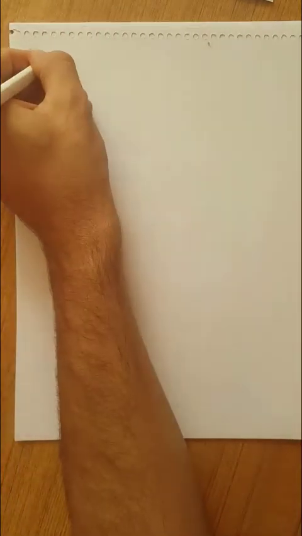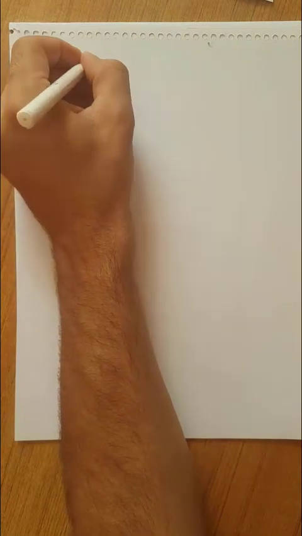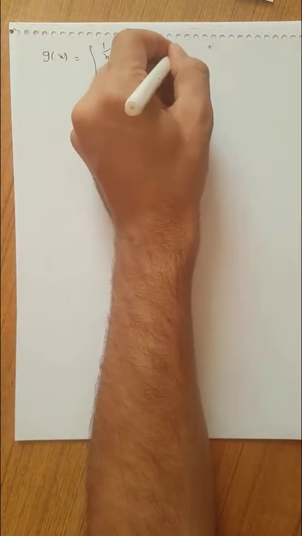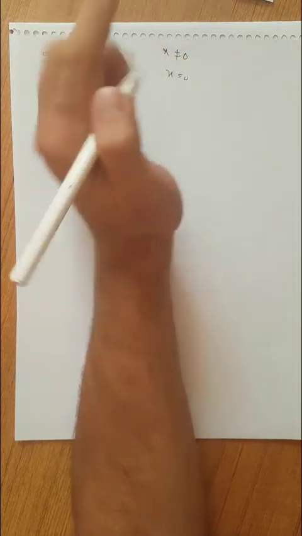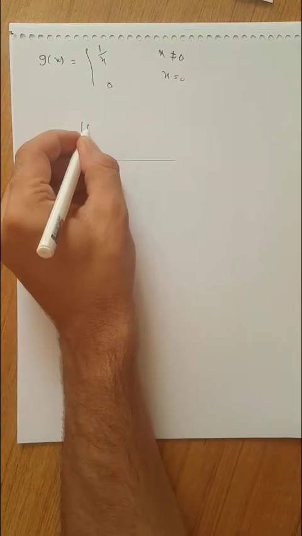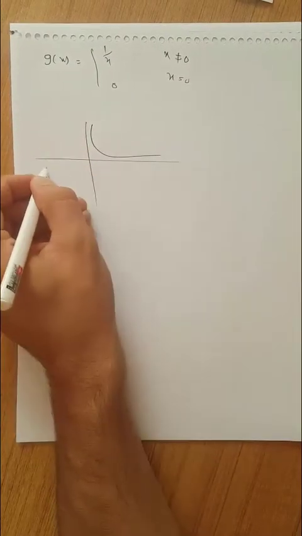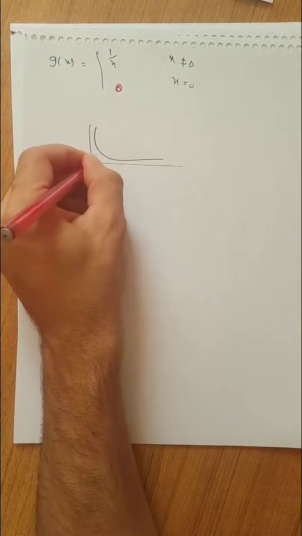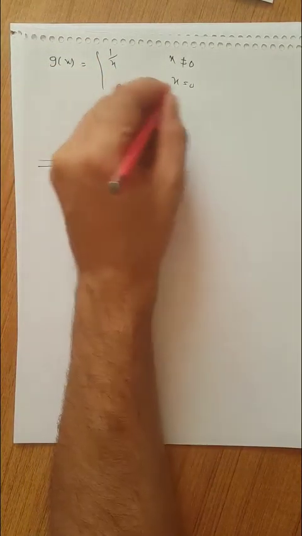So now I'm going to B, part B. g of x is equal to 1 over x for x not equal to 0, and 0 for x equal to 0. So here's the graph of the first part. Here's the graph of the second part, just a point. You say 0 when x is 0.